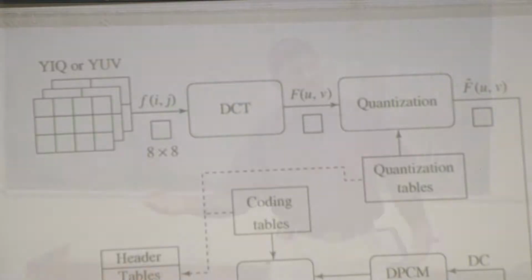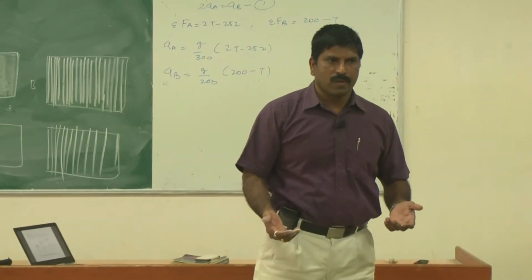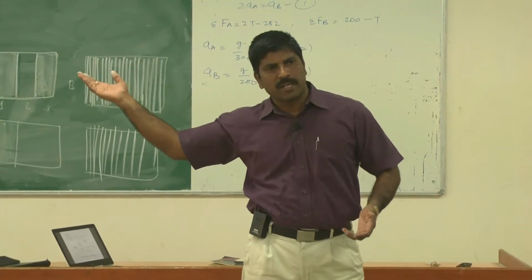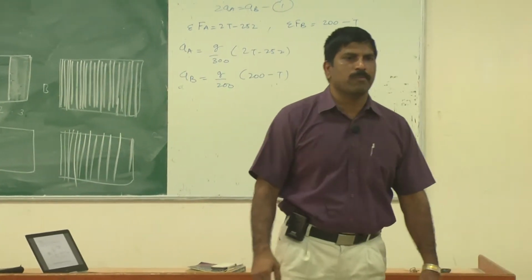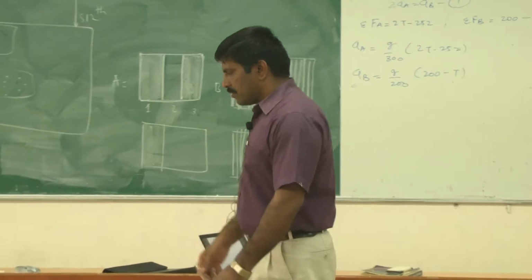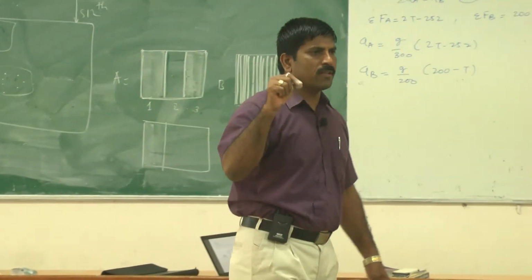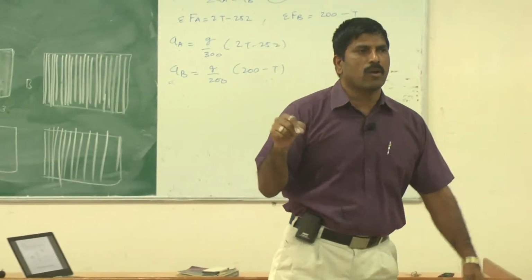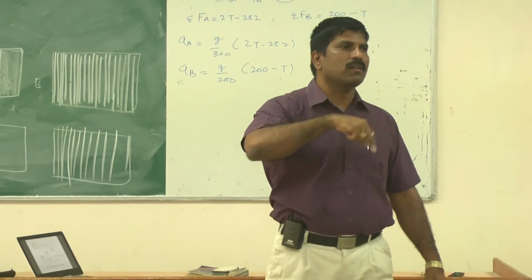So spatial frequency means there must be some low frequency, there must be some high frequency. So you are representing that into a spatial frequency. For what purpose? Is it not, first thing, for decorrelating the data. Now how are you decorrelating that data? Means there was more correlation in the original data?